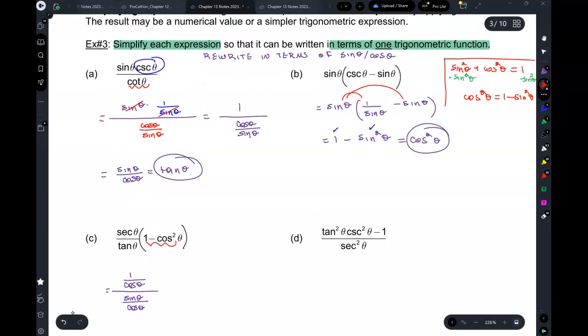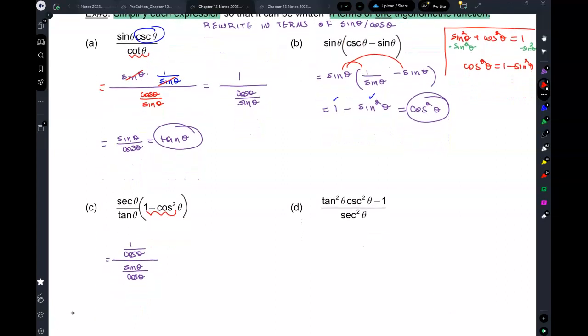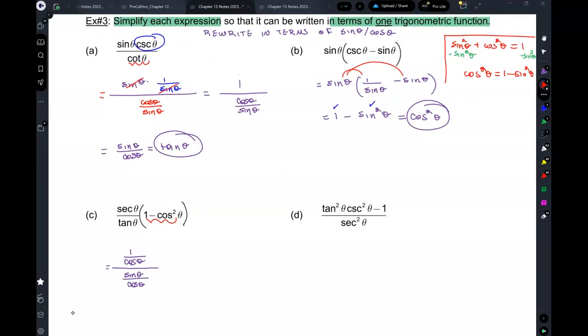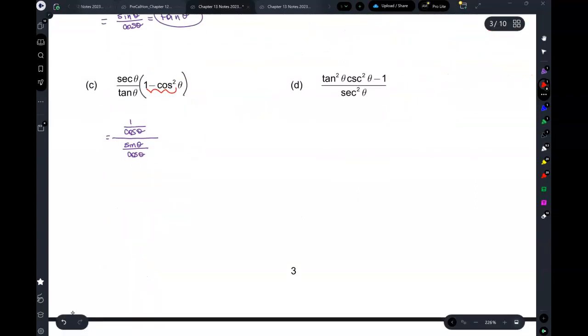I have a sine squared theta. What do you all think? Yeah, sine squared theta, because if I take that Pythagorean identity and maneuver it, this will be sine squared theta.